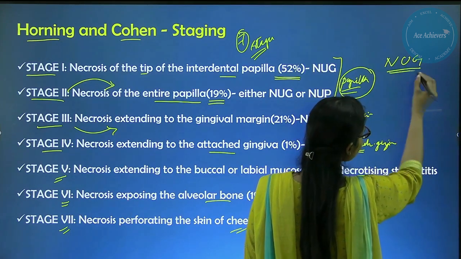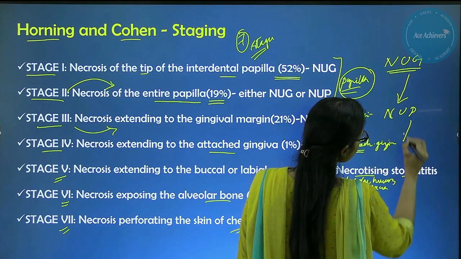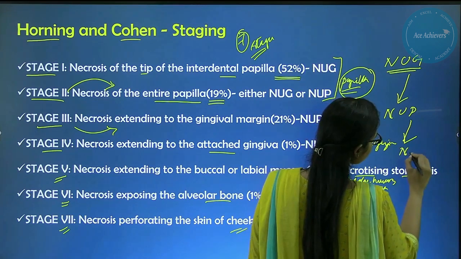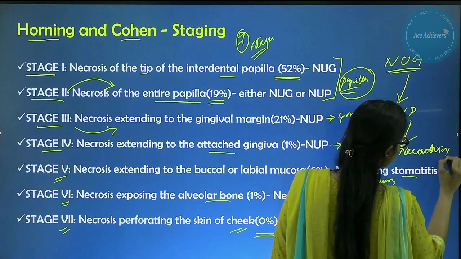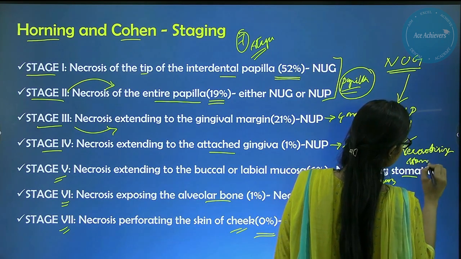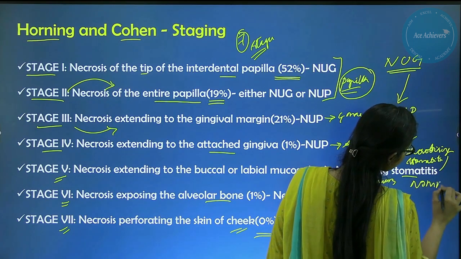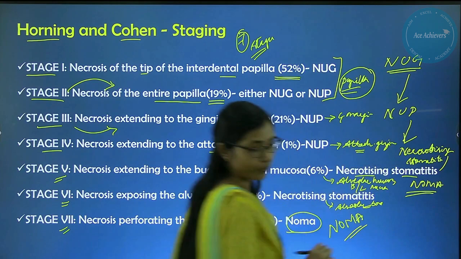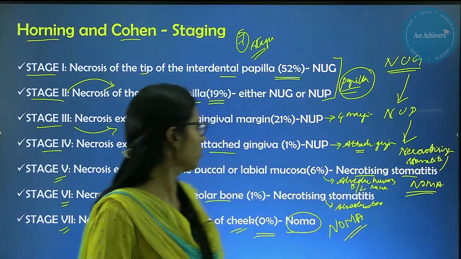NUG progresses into NUP, which then progresses into necrotizing stomatitis and noma. So these are the different stages of progression of NUG. This is very important. I hope you understood these stages.